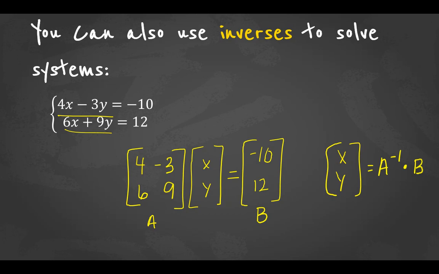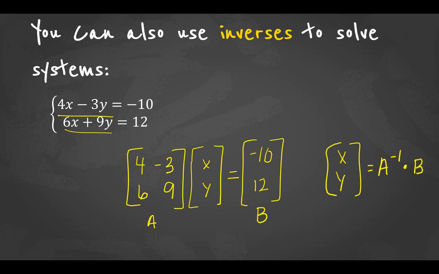So if you grab your calculator, enter the 2 by 2 as A. What are the dimensions of the negative 10, 12, of B? 2 by 1.